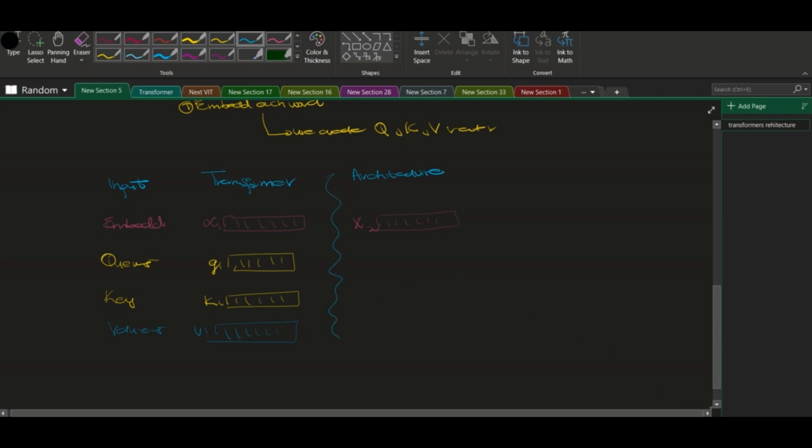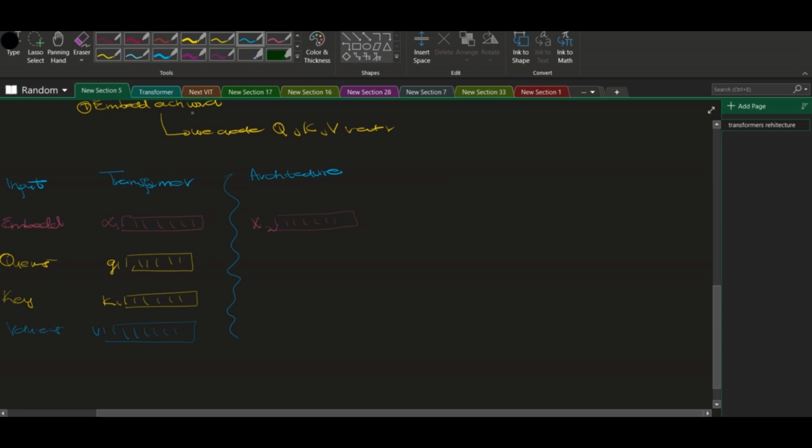Then what we do is we initialize trained weights of query. So we have Wq weights, then we have another trained weight, which is Wk.